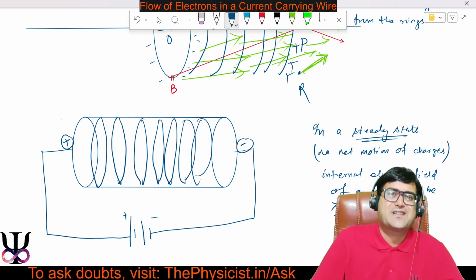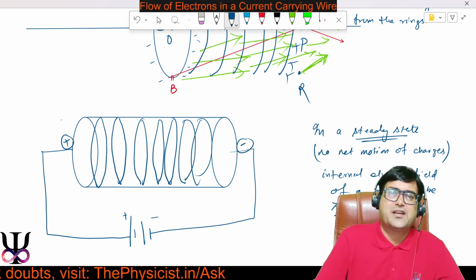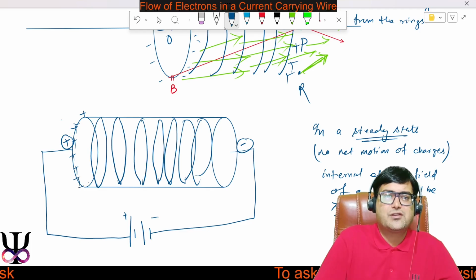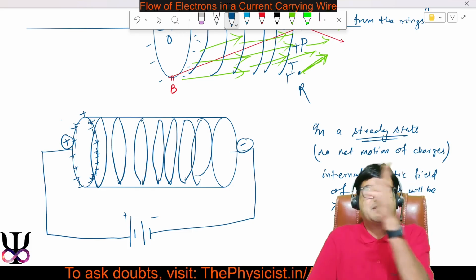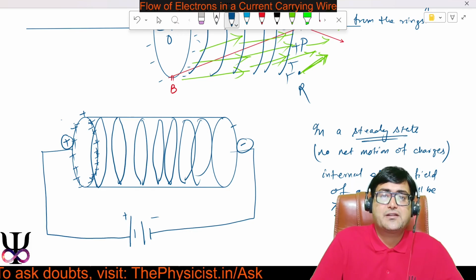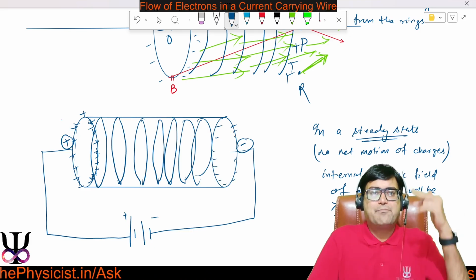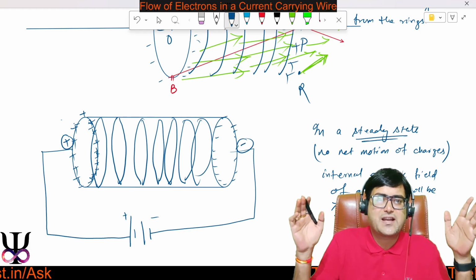So what it essentially does is it creates a charge distribution. It sucks some electrons on the left and it supplies the same number of electrons to the right. Right? When it happens, you see there is a charge difference that has been created.